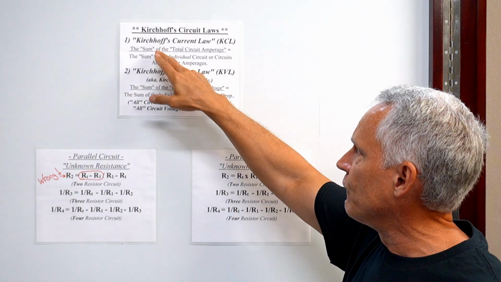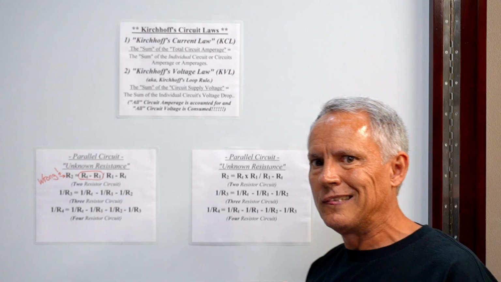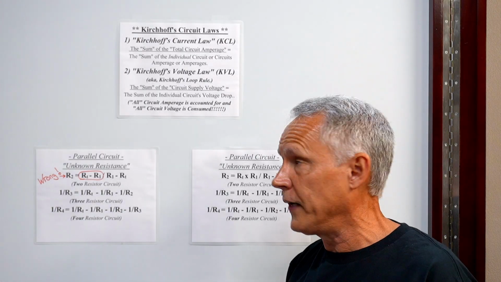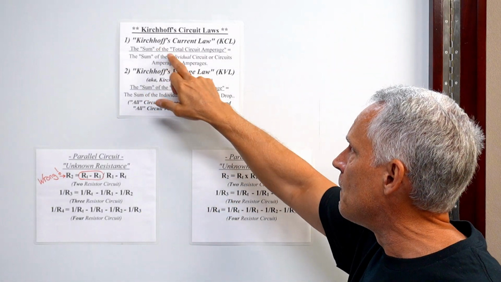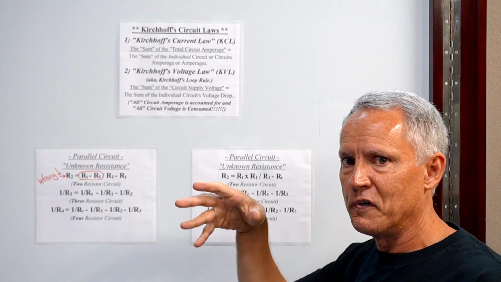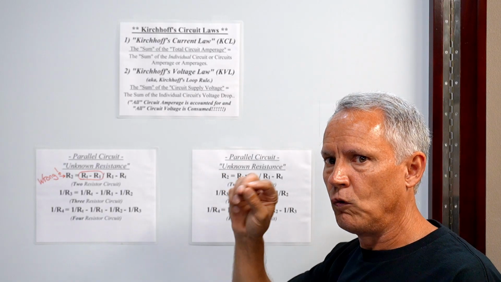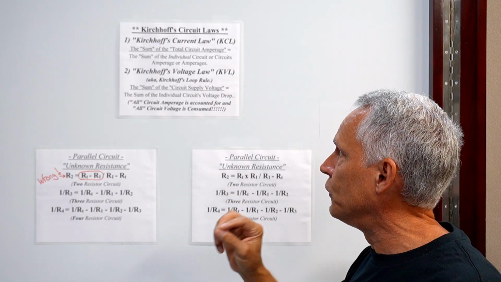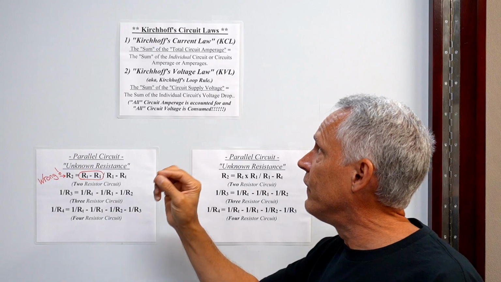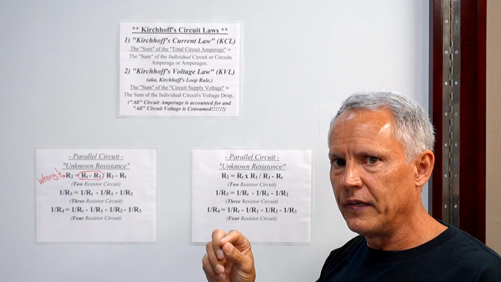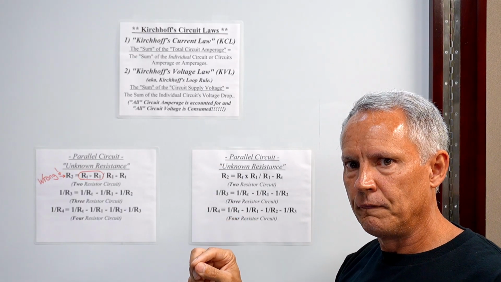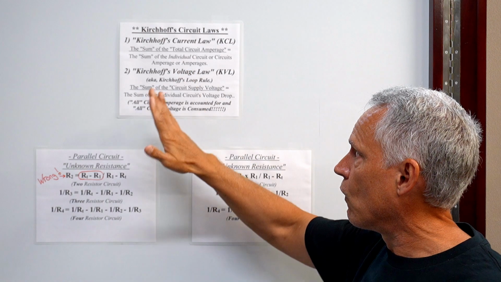Okay, so the definition for Kirchhoff's current law, and this is my simplified explanation, is the sum of the total circuit amperage is equal to the sum of the individual circuit or circuits amperage. Okay, that's Kirchhoff's current law.